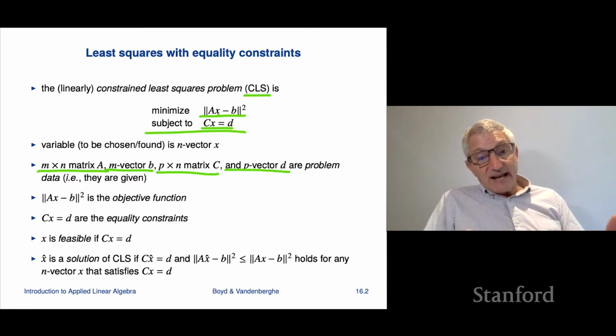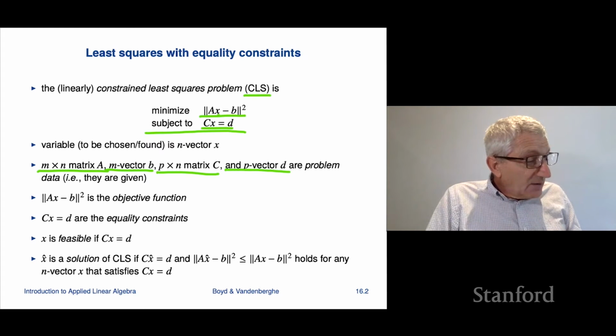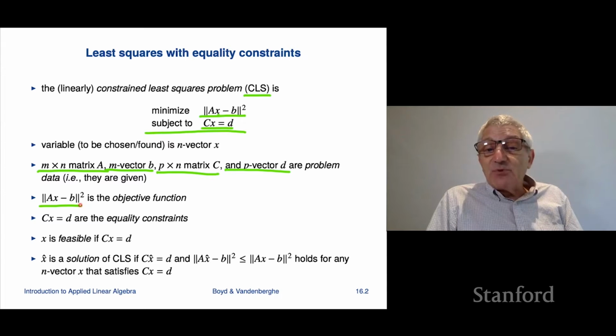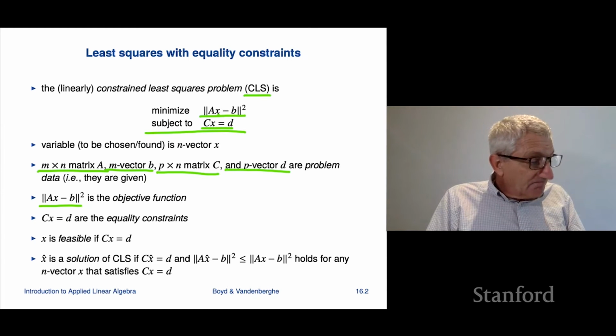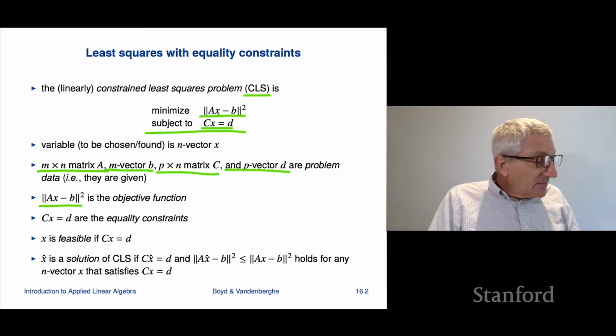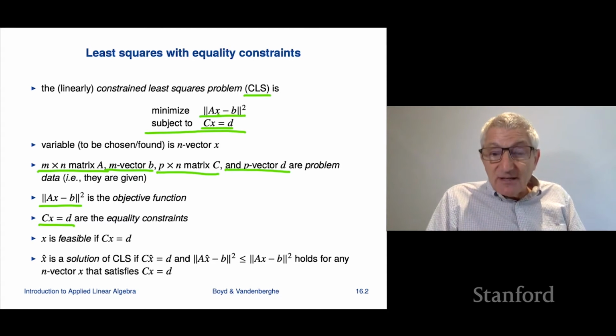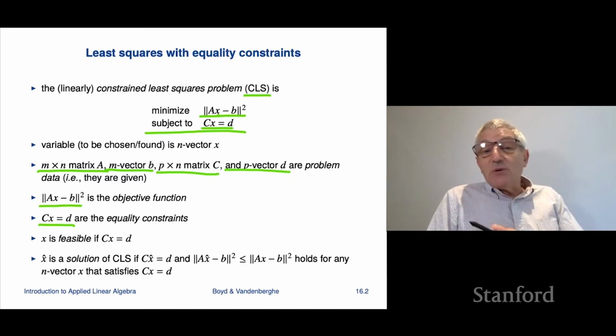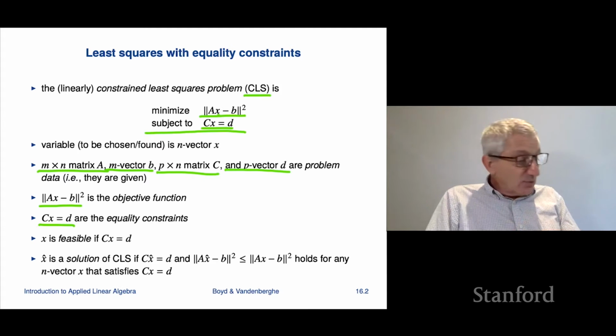Your job is to find x, but you know A, b, C, and d. Now, norm squared of Ax minus b is called the objective function, which you've already seen. Cx equals d, people would describe as the equality constraints. It says we will not consider any x that does not satisfy Cx equals d.